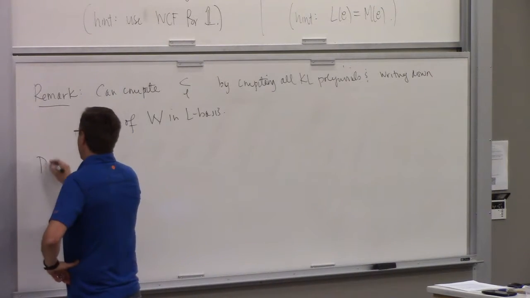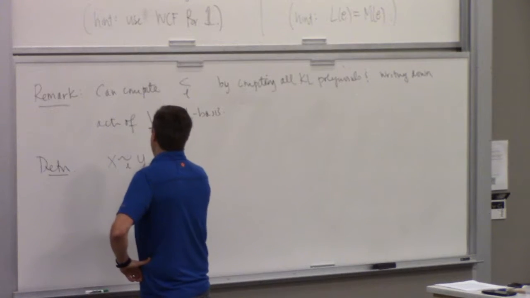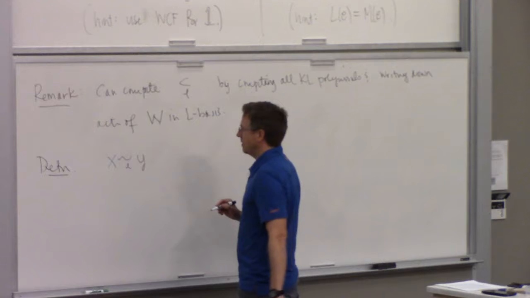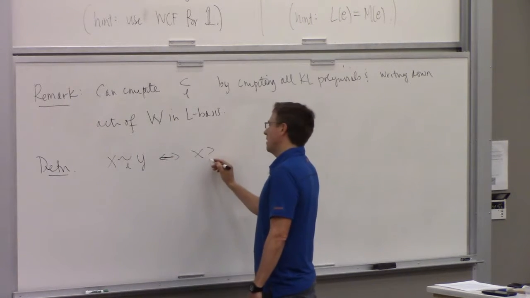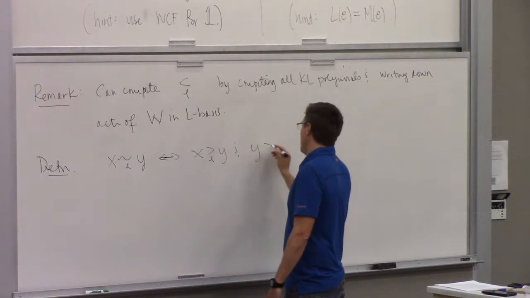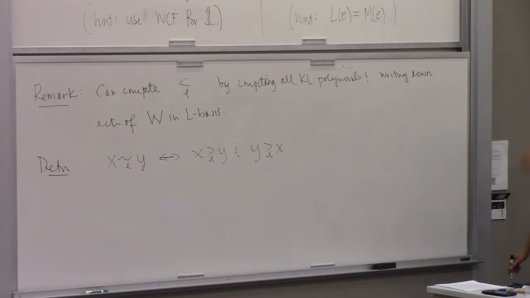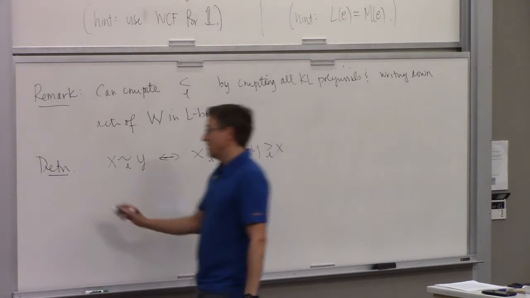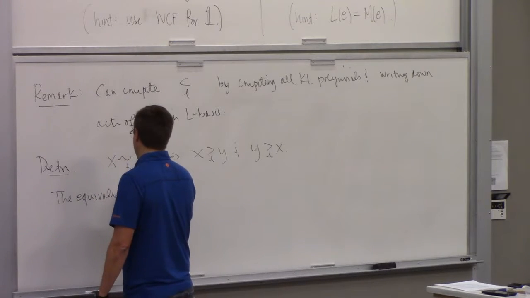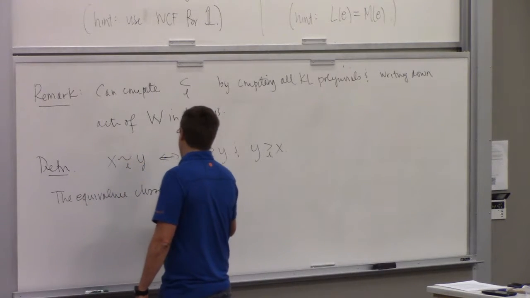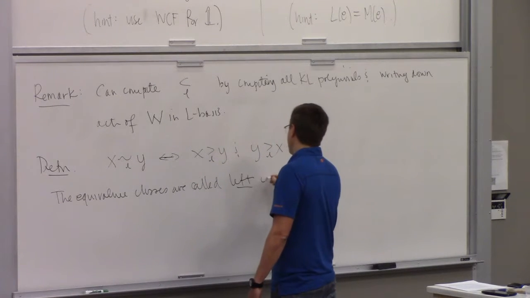Okay, so let me make another definition. X is left equivalent to Y if and only if X is bigger than Y and Y is bigger than X. Then the equivalence classes are called left cells.